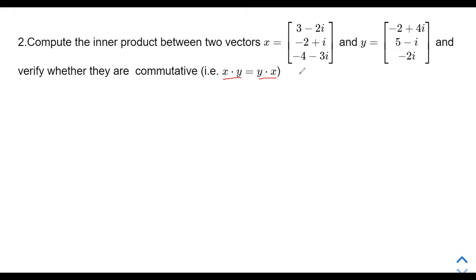By that we can verify whether it is commutative or not. Of course we can prove it, but we are just taking this example, and if the equality doesn't hold for this example, then it is not true in general.